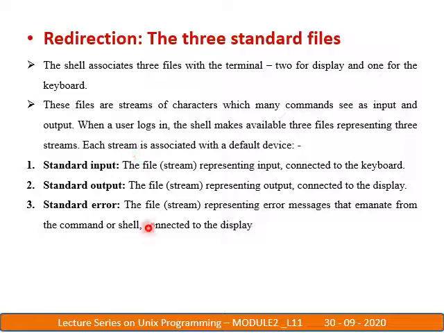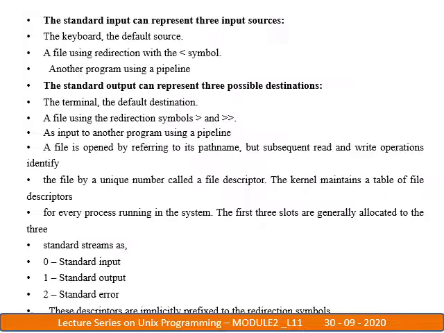These are standard input, representing input connected to the keyboard; standard output, a file stream representing the output connected to the display; and standard error, the file stream representing the error message that emanates from the command or shell connected to the display.